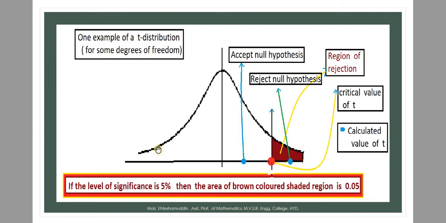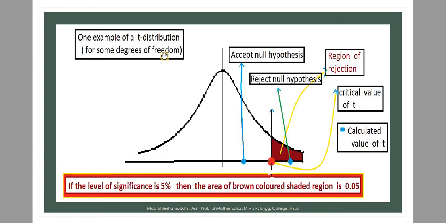You are all aware that the complete area below this curve, above the horizontal axis, is equal to 1 unit. And only 5% of the area is covered in this shaded region. It is one example of a t distribution for some n value, some degrees of freedom.